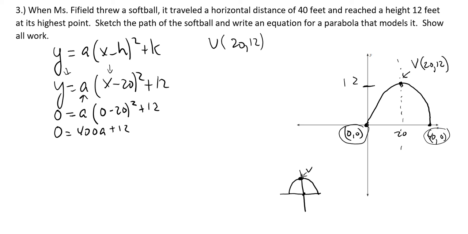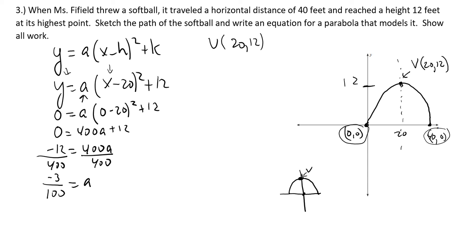Remember, I'm solving for a, so I've got to move 12 to the other side. Then I divide by 400, and I get a equals negative 12 over 400. I can simplify that, I think. I know 4 goes into this 3, and that's 100.